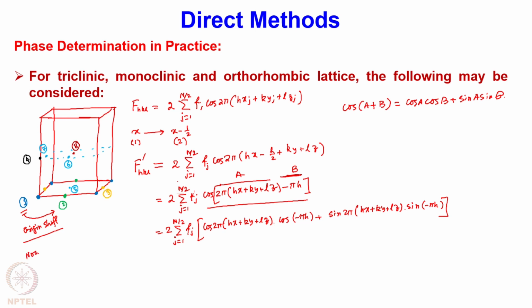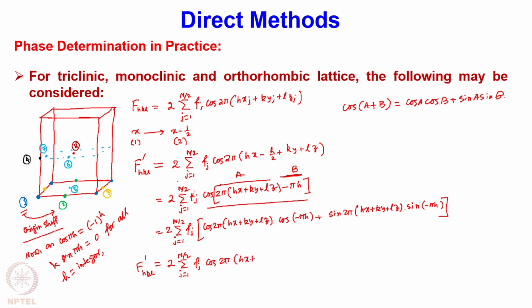So, now as cos pi h is equal to minus 1 to the power h and sin pi h is equal to 0 for all h equal to integer, we can simply write F_HKL prime as equal to 2 times the sum over j equal to 1 to n by 2 of Fj cos 2 pi (hx plus ky plus lz) into minus 1 to the power h, or we can write F prime HKL equal to minus 1 to the power h into F_HKL.